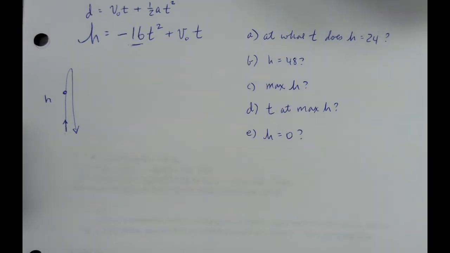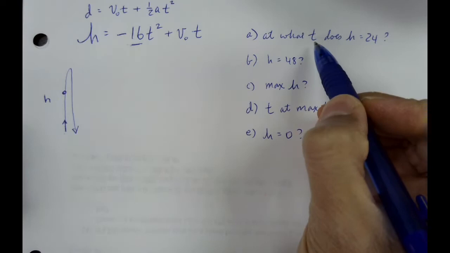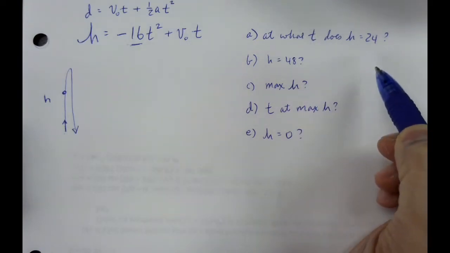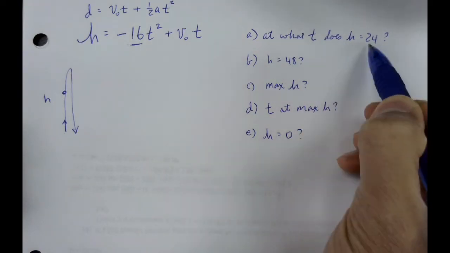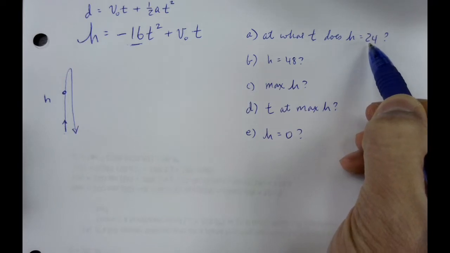Alright, so we can look at a couple of interesting questions that I've listed here. This is a problem in your book, page 57, number 129. We'd like to know, hey, how many seconds have gone by when the ball is 20 feet up in the air?